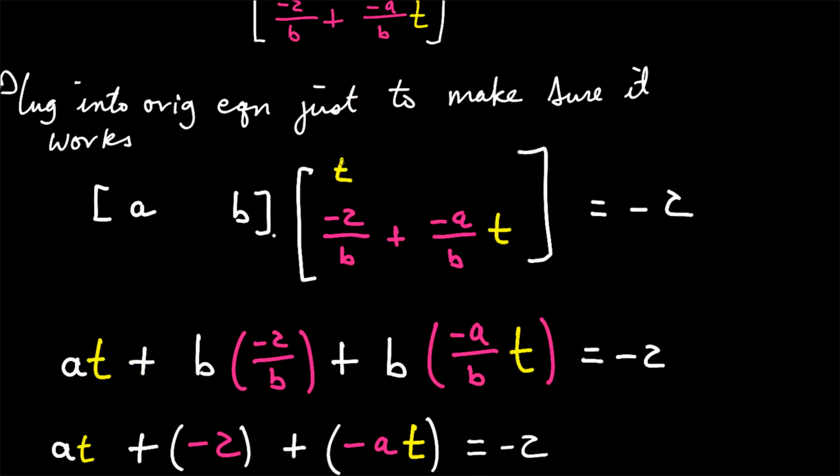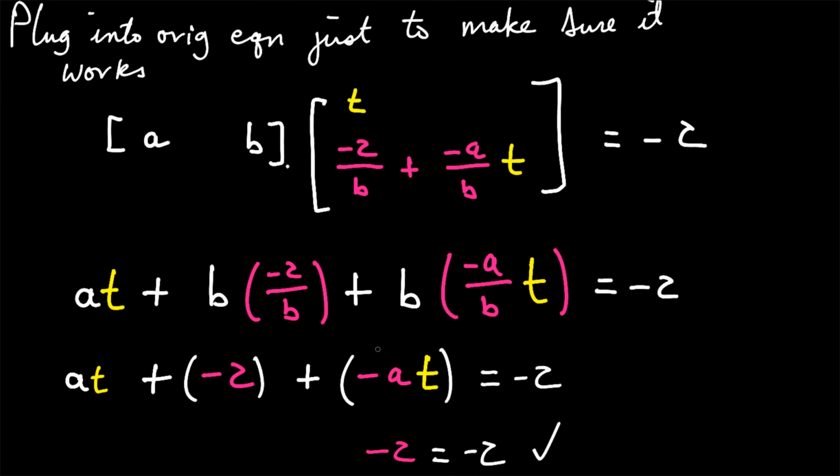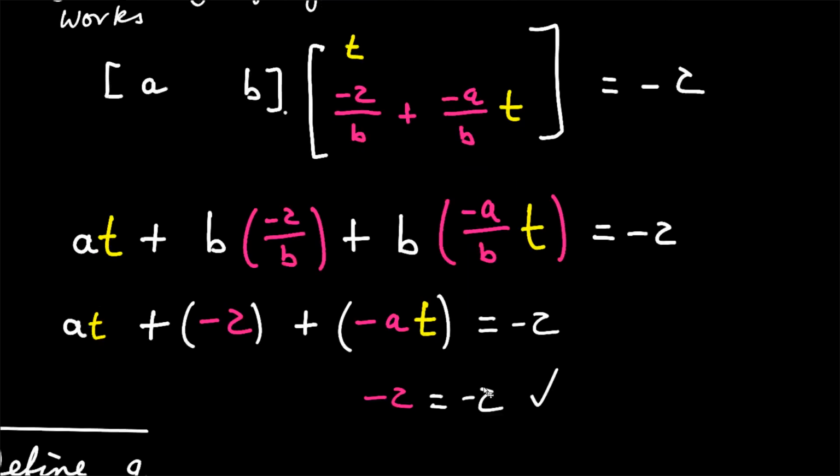Well, we expand this out. The a times t plus b times minus c over b plus b times minus a over b times t. Well, these b's are going to cancel, so we get at minus at, minus c, so we get minus c equals minus c.